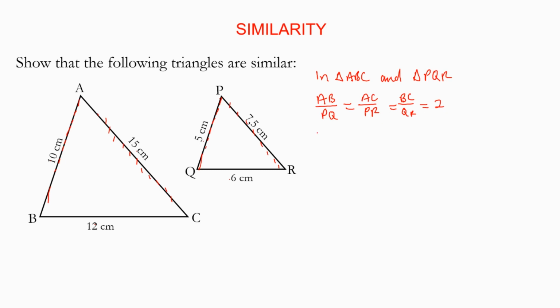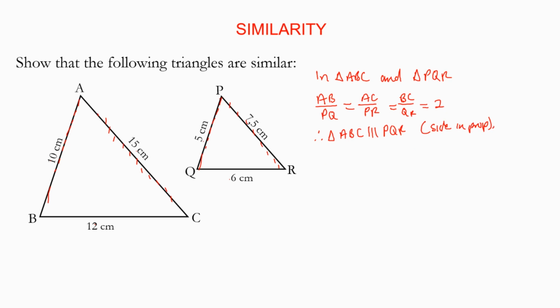So we can say, therefore, triangle ABC, you check the movement from vertex to vertex there, should be ABC is similar to triangle PQR. See that? And then the reason says sides in proportion. Okay, right.